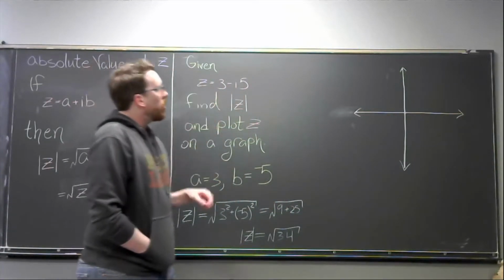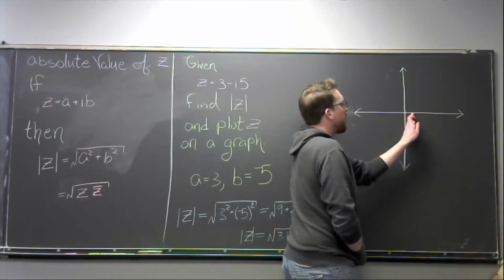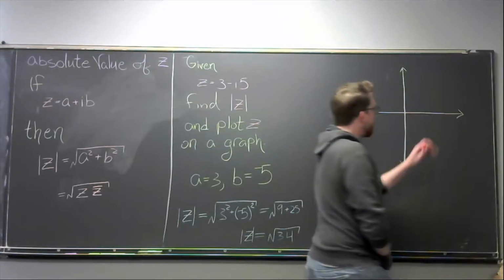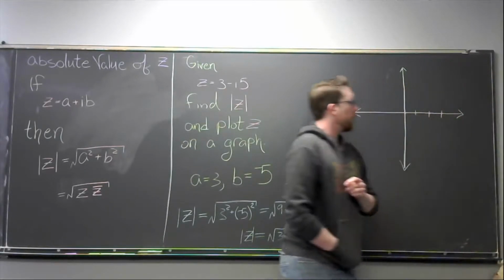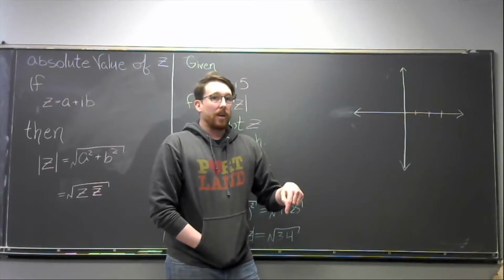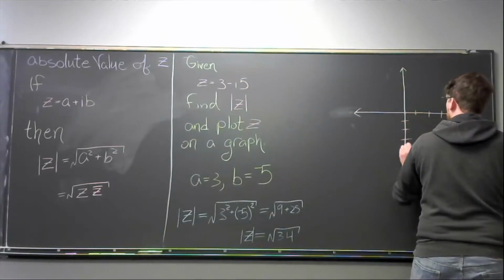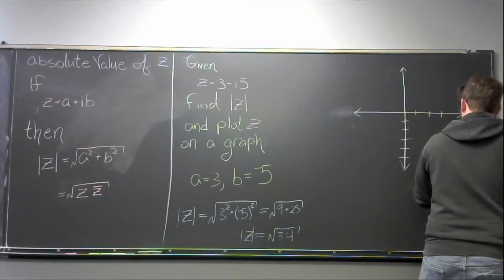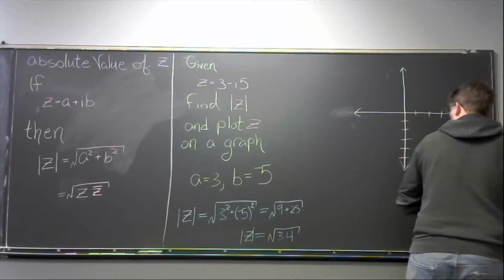Because of that, like we've said in past class, we're going to go over 3 units in the x-axis, so that's going to be somewhere around here. And we're going to go down 5 units in the y-axis: 1, 2, 3, 4, and 5. So that puts z right about here.